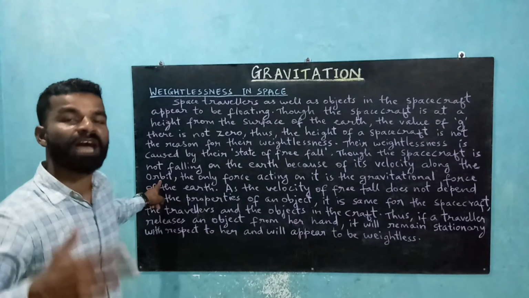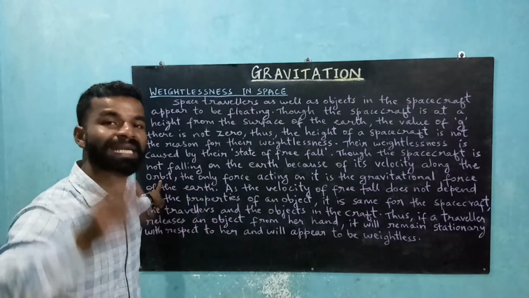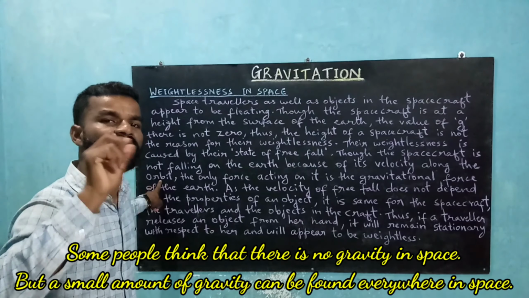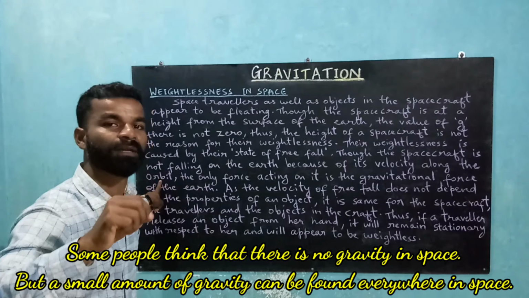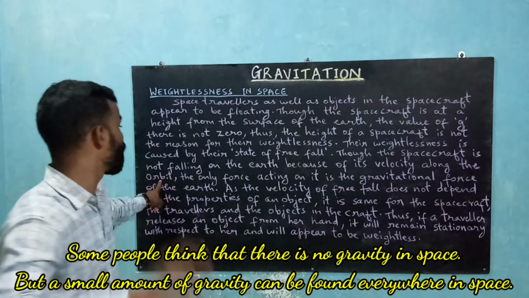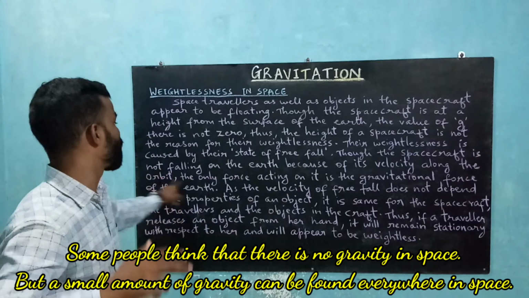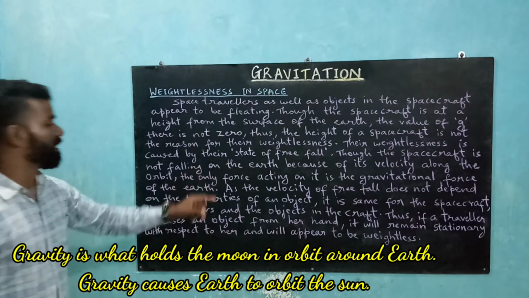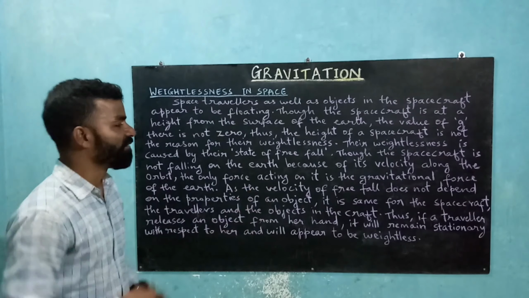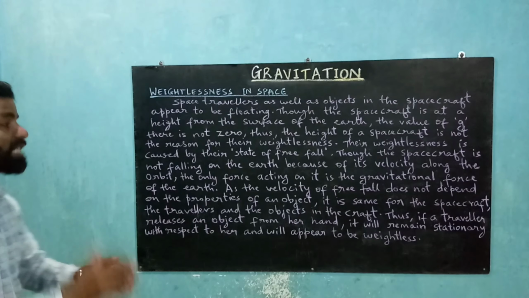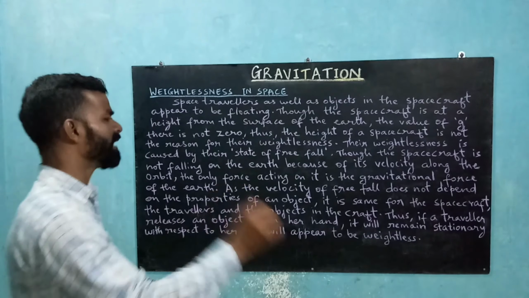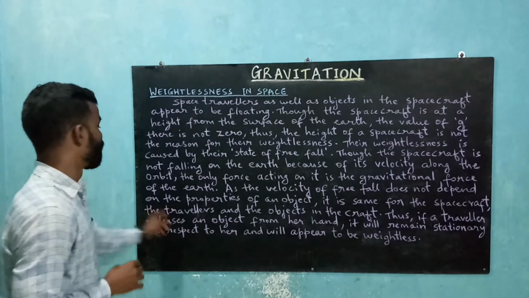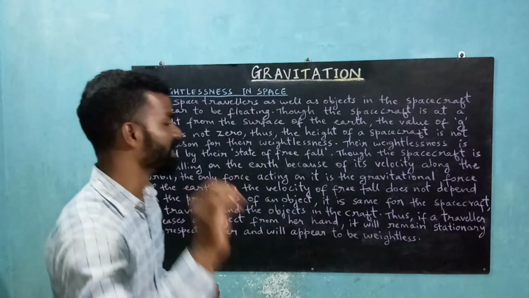So the spacecraft has velocity along the orbit and the gravitational pull of the earth is also acting on the spacecraft, but it's very weak. So they are in a state of free fall because the only force acting on it is the gravitational force of the earth. As the velocity of free fall does not depend on the properties of the object, it is the same for the spacecraft, the travelers and the objects in the craft.